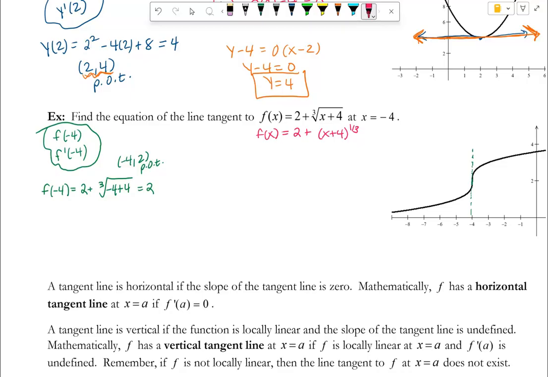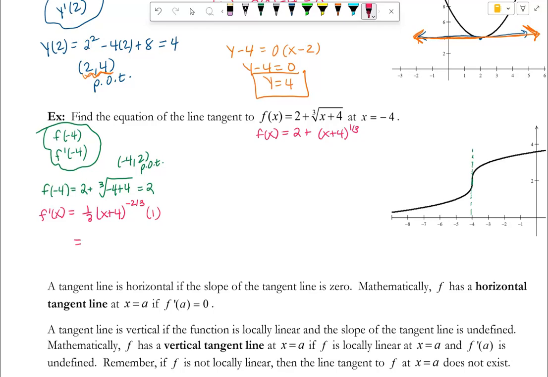So when I find my derivative, the derivative of 2 is just 0, that's a constant. When I get to the power piece, I've got 1/3 times x plus 4, and I subtract 1 from my exponent, so the negative 2/3 power. The chain rule tells me to multiply by the derivative of x plus 4, but that is just 1.